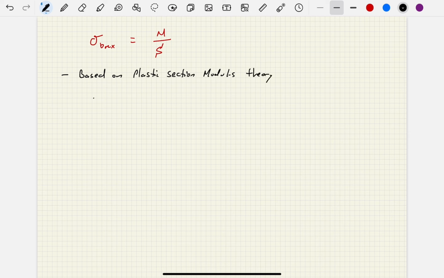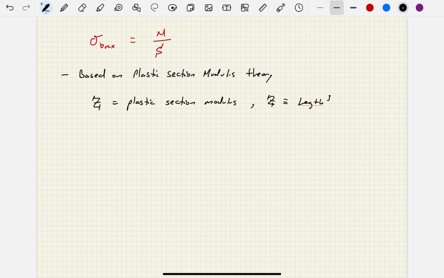Now, Z is called the plastic section modulus, okay? And Z has units also of length cubed.